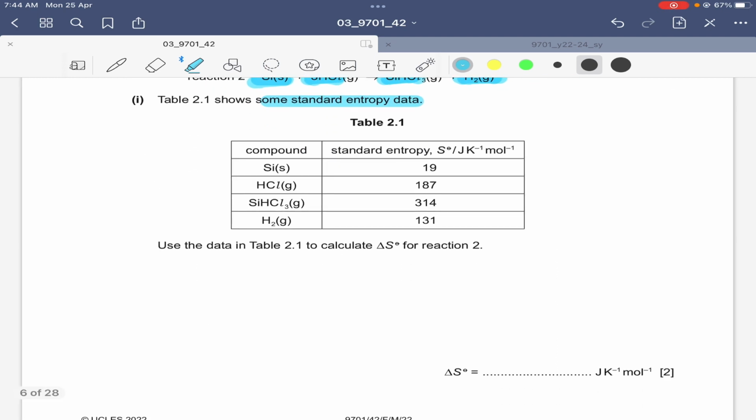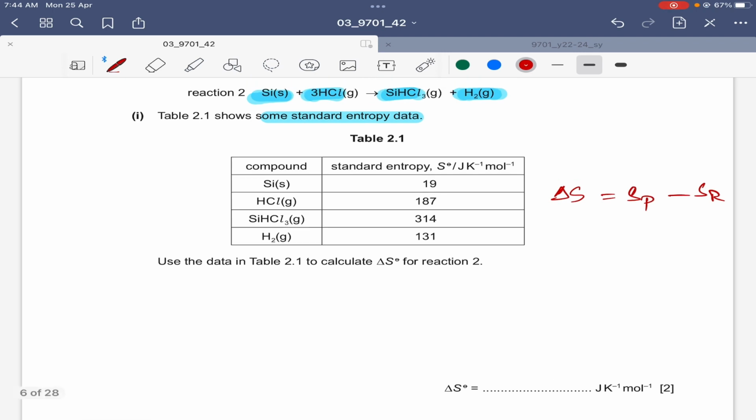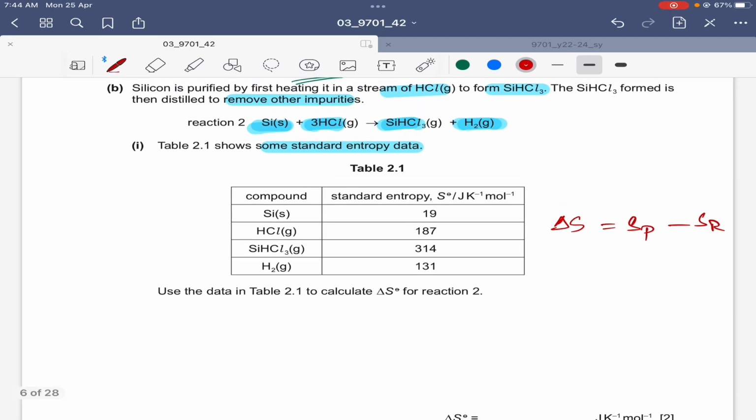Use the data in table 2.1 to calculate delta S for reaction 2, the change in entropy. Now, change in entropy is equal to the sum of entropies of products minus the entropies of reactants. So we just have to calculate the entropies of products and reactants, right?